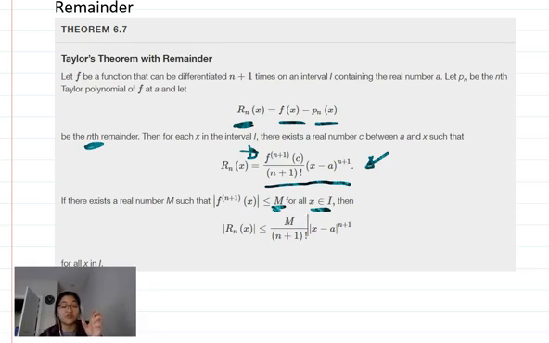It's not necessarily our interval of convergence, but a particular interval containing the number that we're centering at. So what do you need to do for remainders? You need the next thing, and then you bound with that.